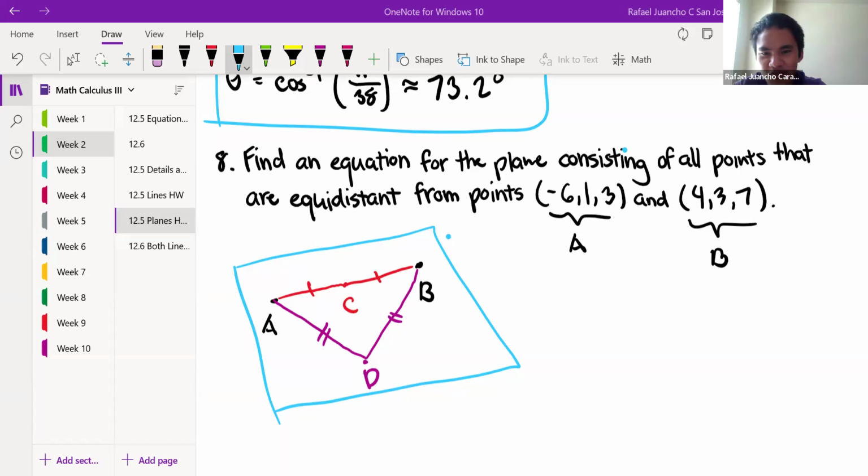So the direction from A to B is perpendicular to the plane. Apparently, yeah, that is interesting.